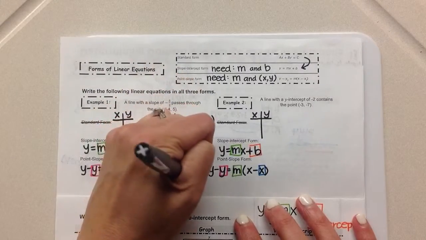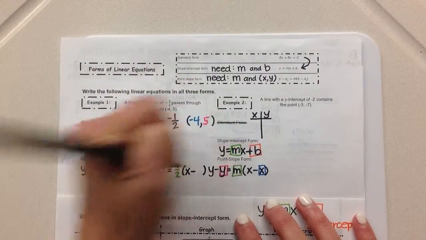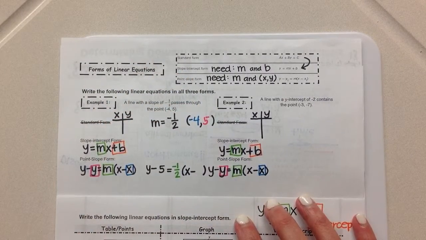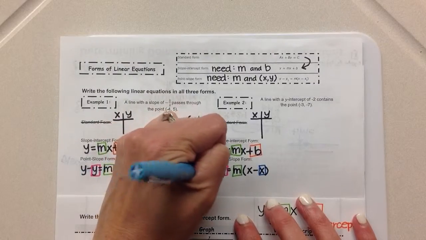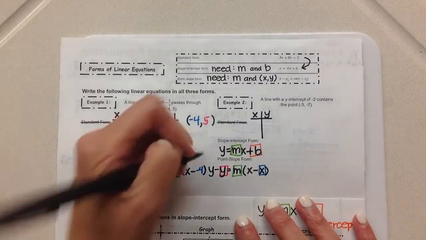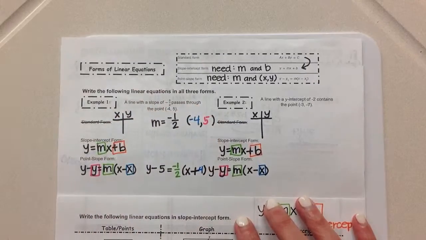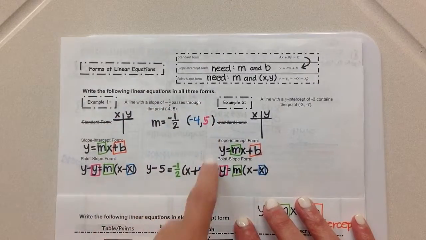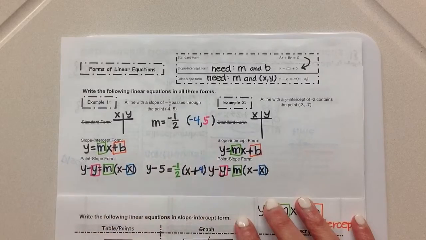And now I'm going to have my parentheses, x minus, and now I'm going to plug in my x value, which is -4. So x minus -4 is really going to change to x plus 4. And so there would be my point-slope format.